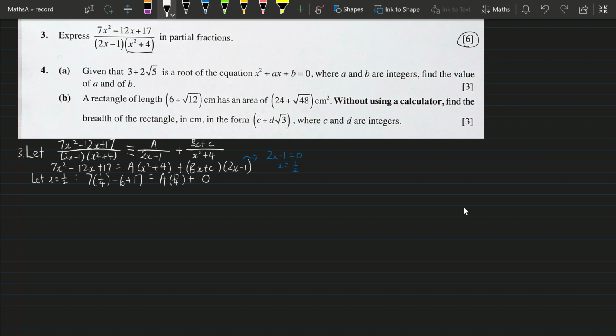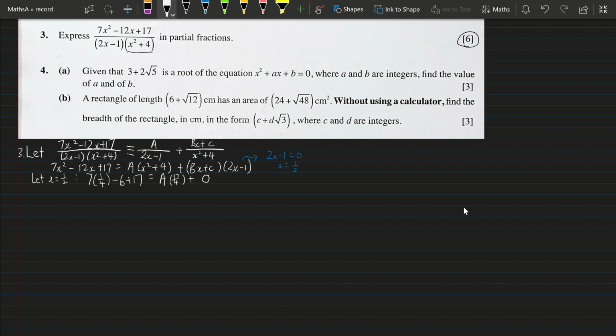That means that whatever value we let x be, the left hand side will be equal to the right hand side. If we want a bit more explanation on that, maybe we can do it next time, but for the purpose of solving this question, this should be good enough.